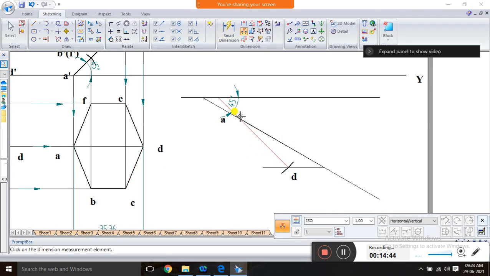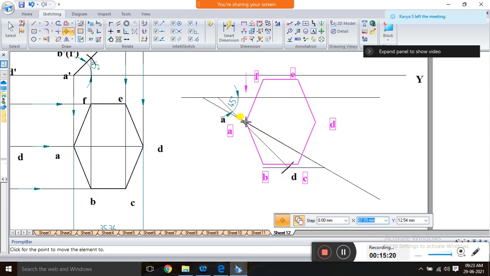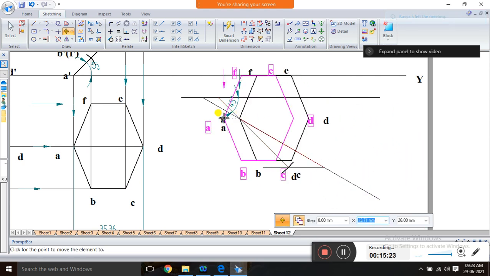Once we got this A and D, in the second position reconstruction, now we have to go for this AB, this DC, these points. First I will show you the manual in our system method, means with the help of software. We just copy this and use the move option. With the move option, first we select all this and place it on A, like this you have to place.